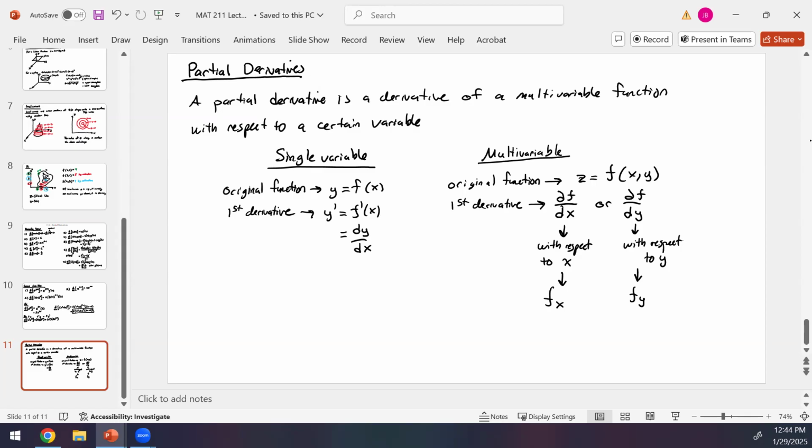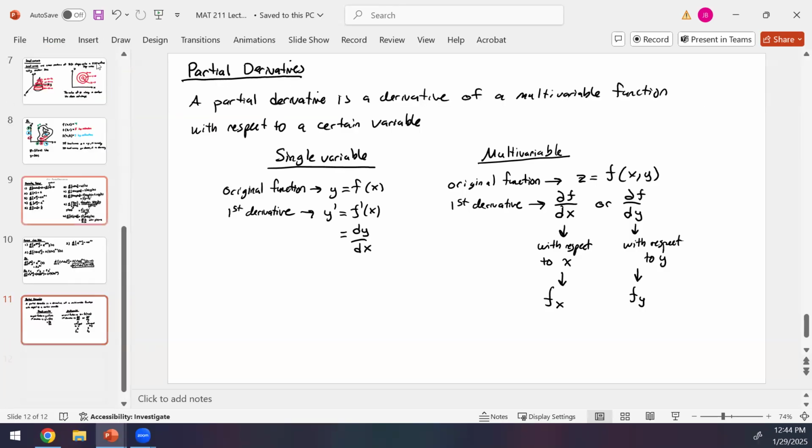It's just a shorthand. Both notations are perfectly valid. I go back and forth between each one depending on context. If I'm being lazy, I definitely use the subscript notation. So that's what we're going to be looking at: how do I take these derivatives? Well, the good news is it's no different than what you've been doing in the past. You just have to remember one little extra rule, and that's what we're going to talk about next.